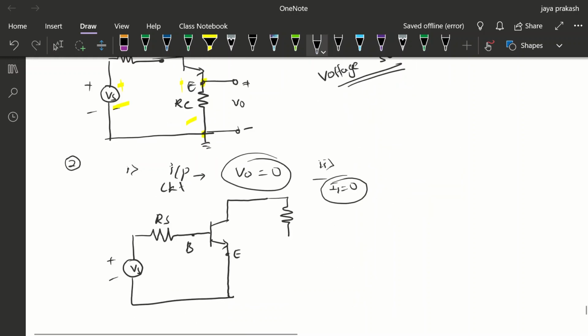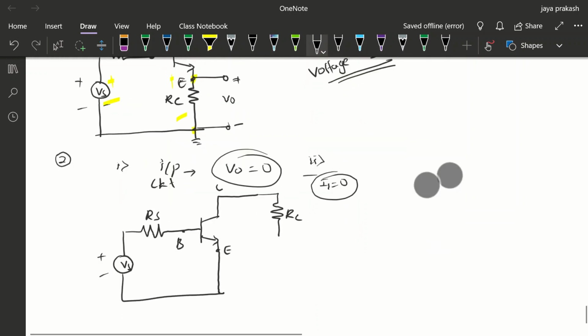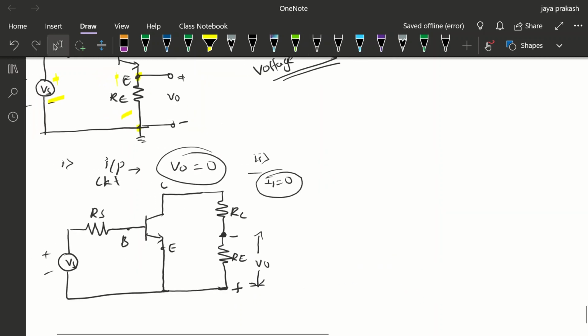So there will be a resistance RC in between collector and ground, and at the output side there is the emitter voltage, which is connected in between emitter and ground. Now for the output circuit, this is the ground and this is the emitter. There is a resistance in between emitter and ground. This is RE, which is connected in between emitter and ground, and this is plus and this is minus. So this is the output voltage considered. Okay, and this is the second step.